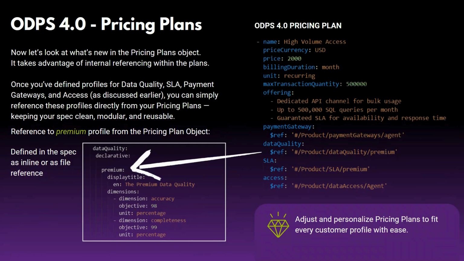And then the business level work becomes quite easy and flexible. And then we are reusing the definitions of these four different aspects of the data products: gateways, data quality, SLA, and access. That's the idea of using internal referencing inside the spec itself.